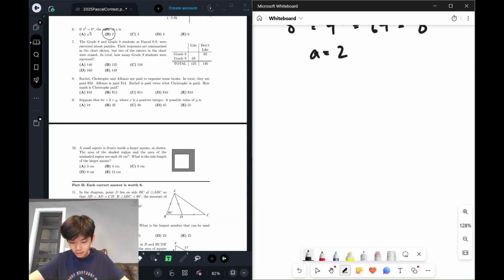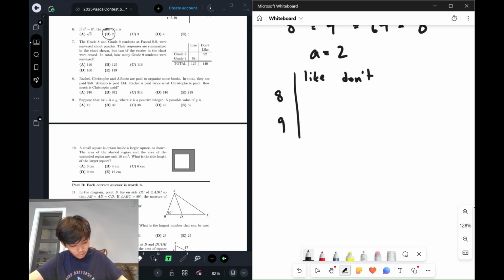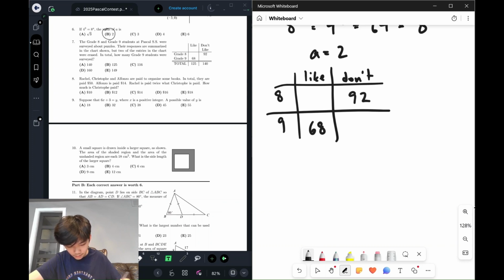For question 7, we have a survey of students at Pascal Secondary School about puzzles, and we have a chart with their responses. Let me just copy the chart here. Grade 8, grade 9, like, don't. We know that here we have 68, here we have 92.